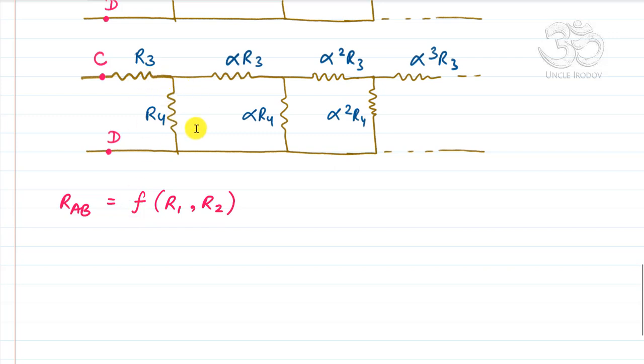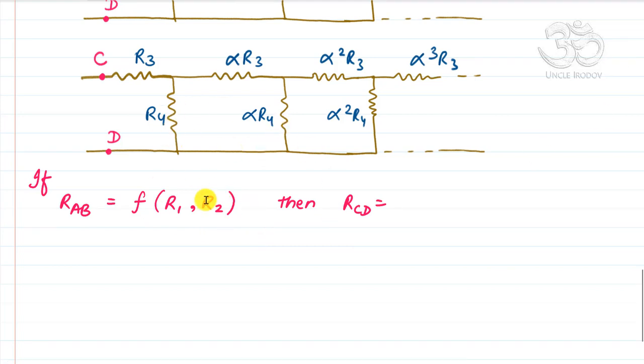Now I ask you, what would be the equivalent resistance between C and D? So I will write: if RAB is equal to f of R1, R2, then what will be RCD?